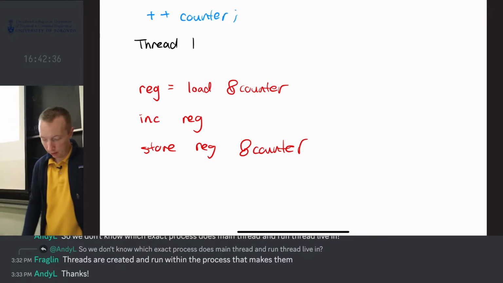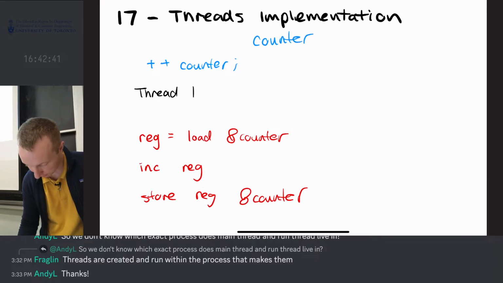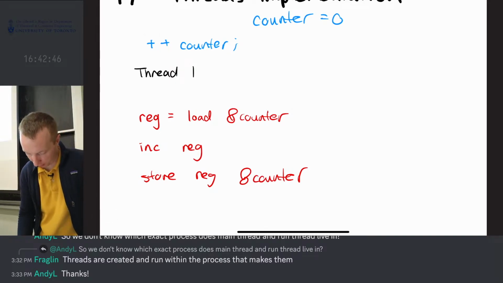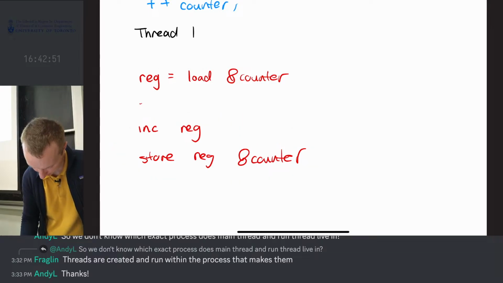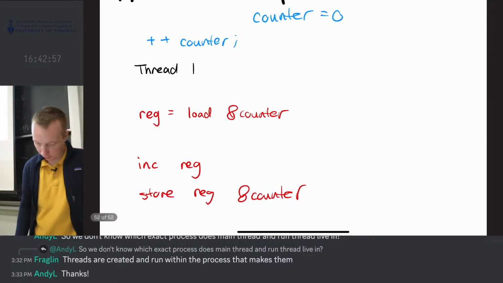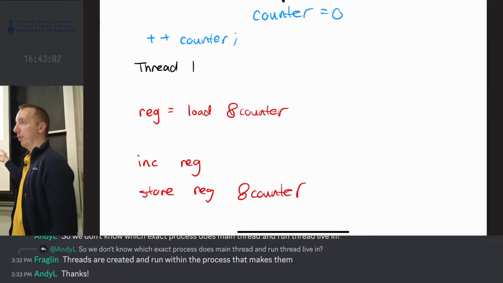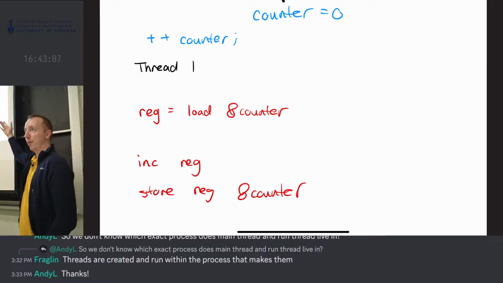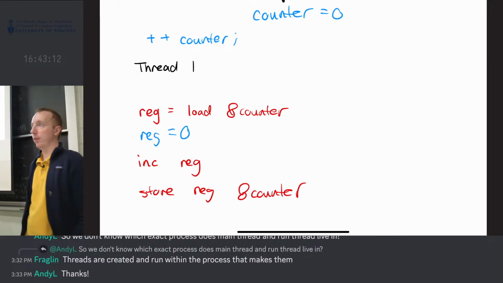So if initially, let's say the value of the counter is 0, what would this thread do? If the initial value is 0, what would this thread load into its register? What value would it get? 0, right? Counter is 0, so it would read 0. So in this case, the register would be equal to 0.